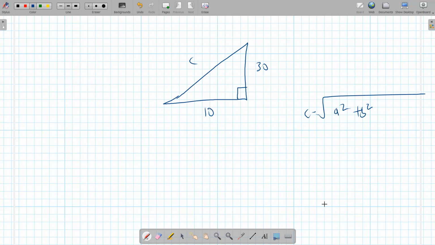It's like 28.3. No, it cannot be 28.3 because, again, you need to add them up, not subtract them. The hypotenuse has to be longer than both the sides. So it cannot be 28. It has to be greater than 30.